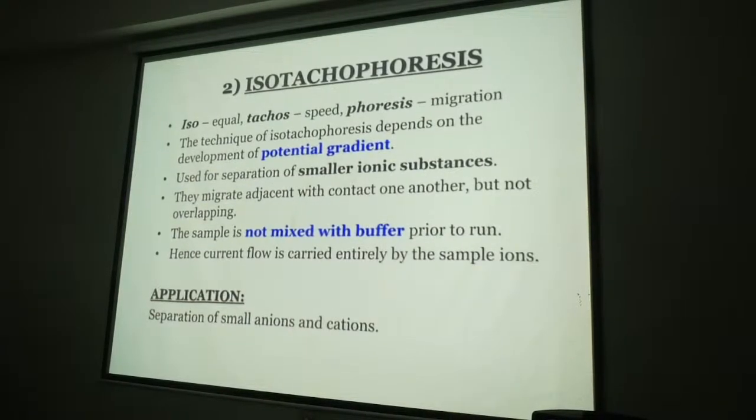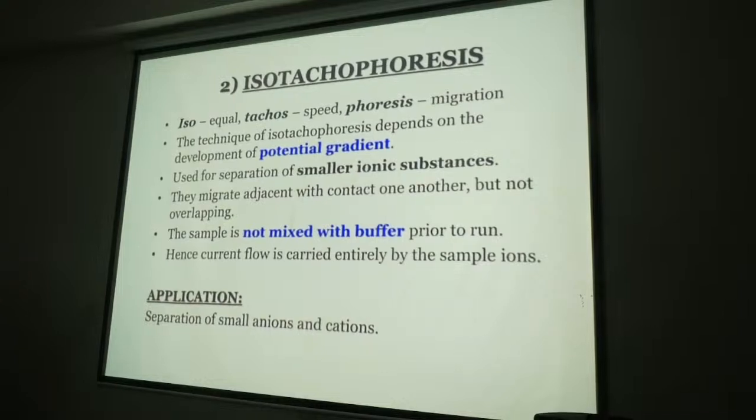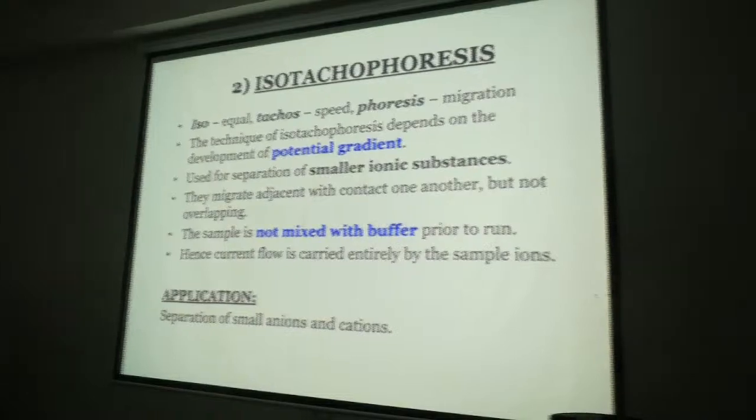Isotachophoresis, you can get a short note of that in exam. Iso means equal, tacho means speed, and phoresis means migration. The technique of isotachophoresis depends on the development of a potential gradient. It is used for separation of small ionic substances, which migrate adjacent, in contact with one another but not overlapping.